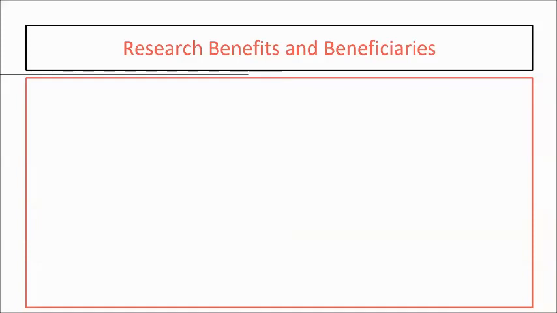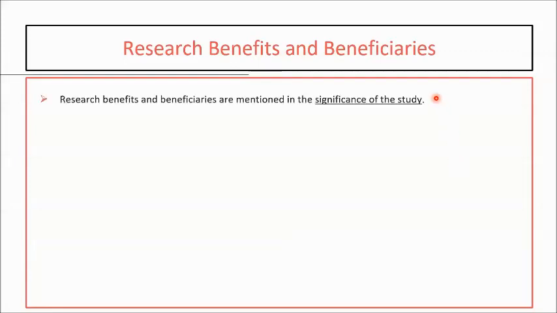So when we say research benefits and beneficiaries, who will benefit in your research? Sino yung makikinabang sa research nyo? Okay, so this is what we call significance of the study. When you say significance of the study, class, bakit mahalaga yung study na kinakandak nyo?